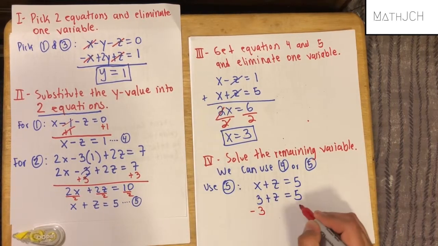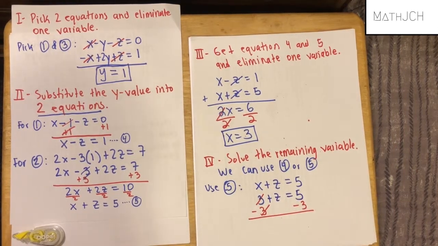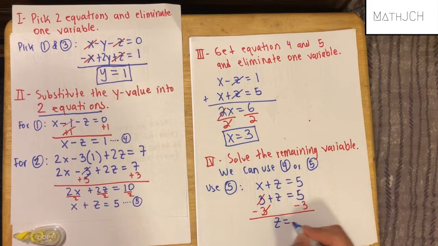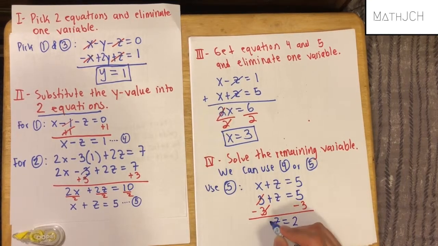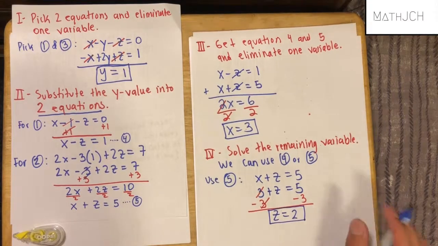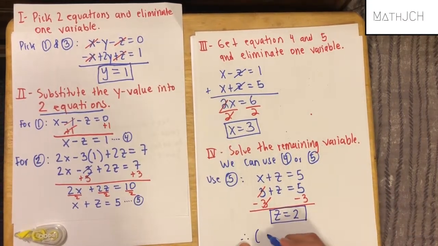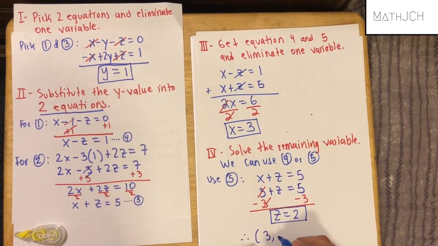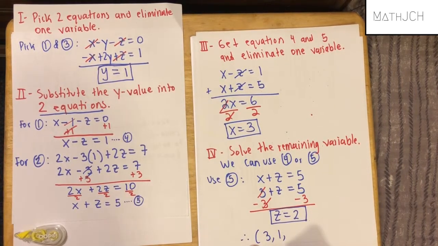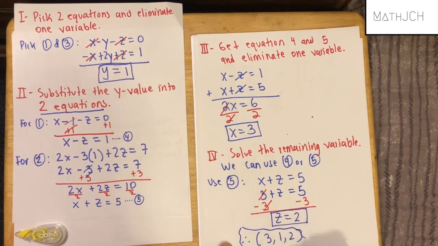So it will be minus 3, cancel here, and we are left with z equals 5 minus 3 equals 2. So we already solved for x, for y, and for z. So our solution will be x, which is 3, y, which is 1, and z, which is 2. That will be our final solution.